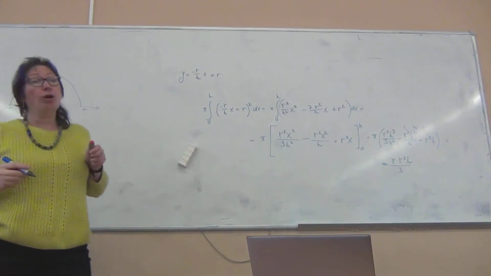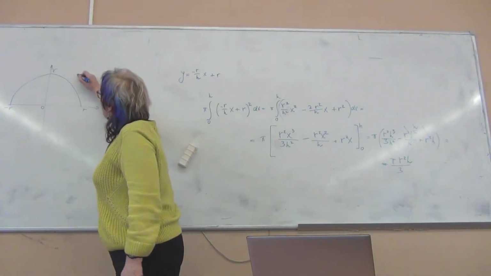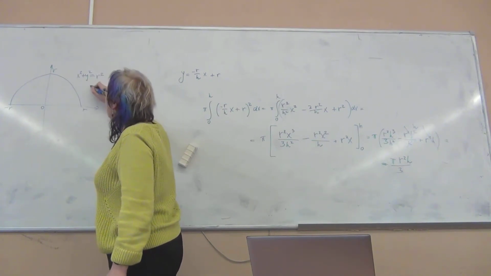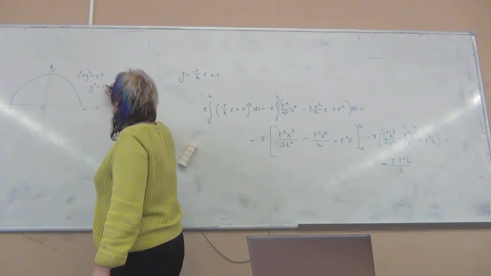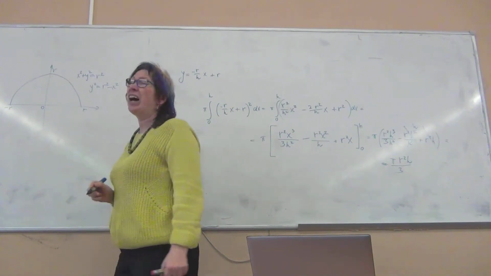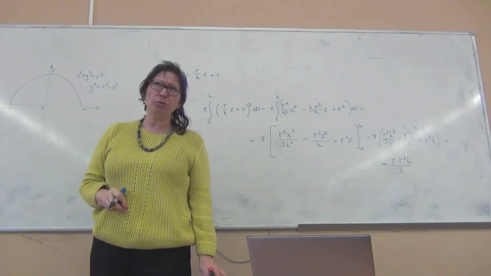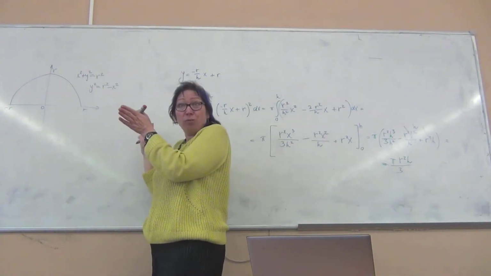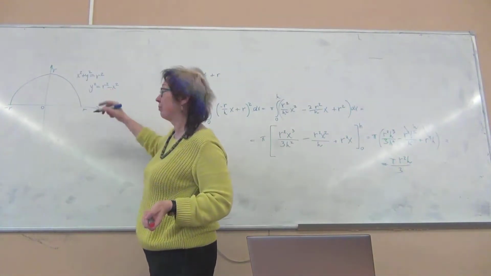Okay, so remember, x squared plus y squared equals r squared, which means y squared is r squared minus x squared. I don't have to find the square root, because afterwards I will need to square it again for the volume, so no need.